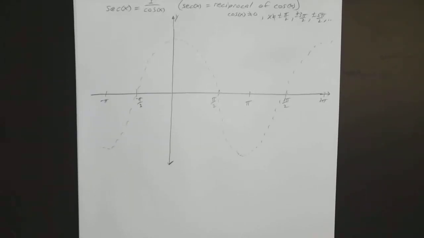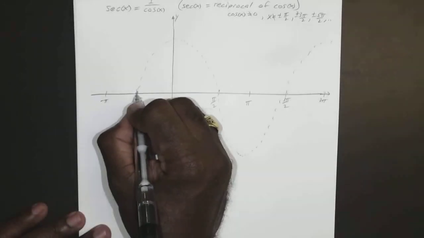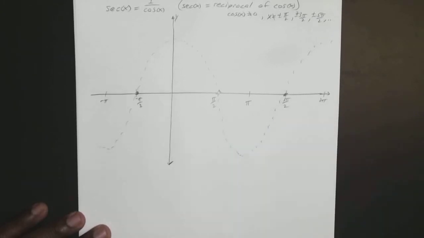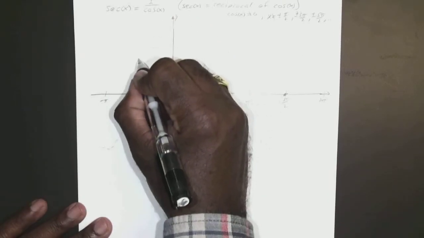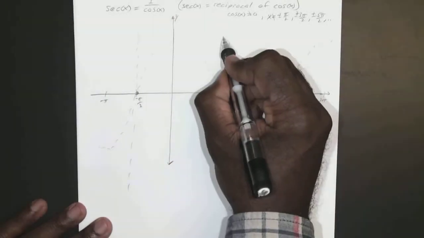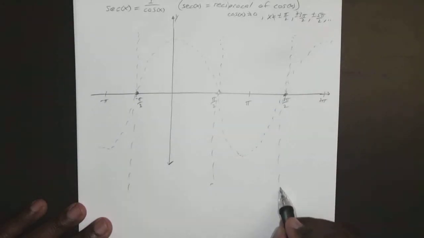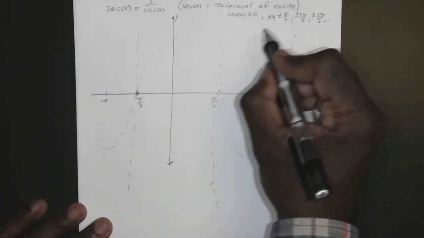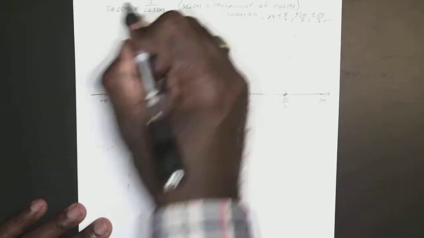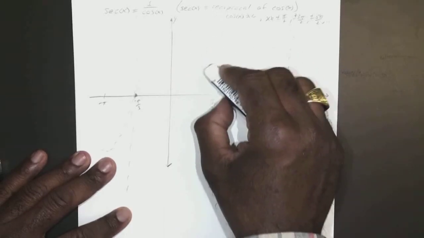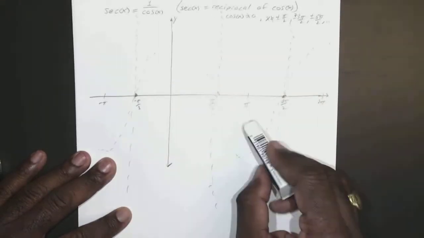We know cosine can't equal 0, so all the places where cosine equals 0 become vertical asymptotes. So we know that secant can't equal any of those values. Once again, we're going to leave the cosine up there because we're going to need it, just erasing it slightly so it doesn't stand out.